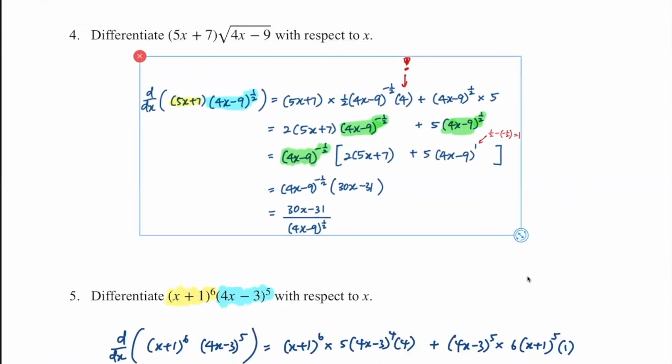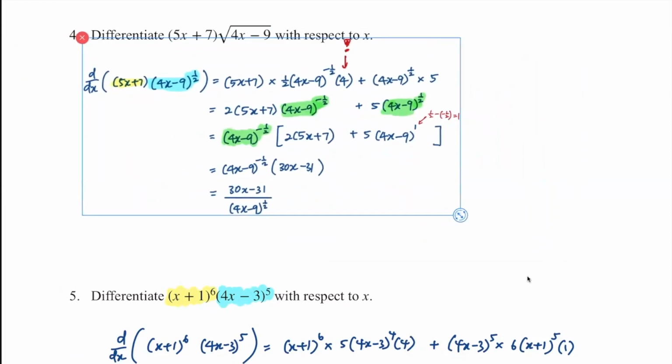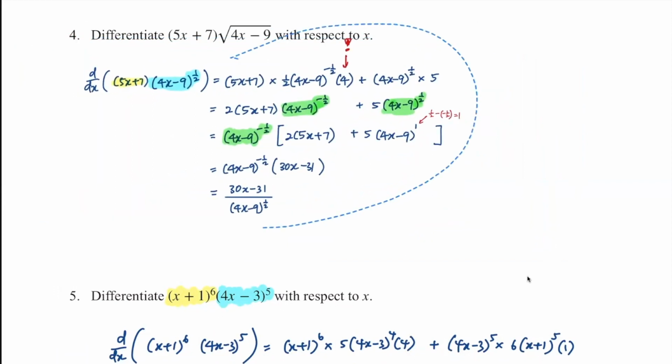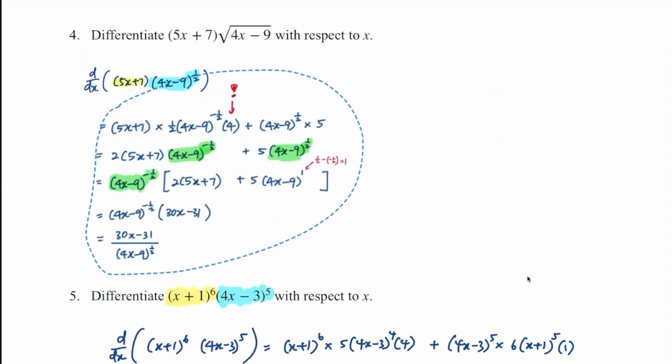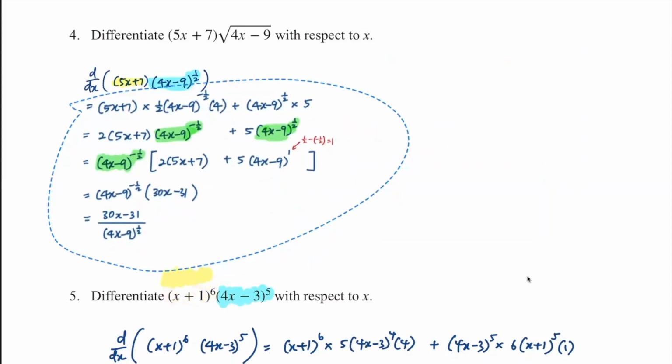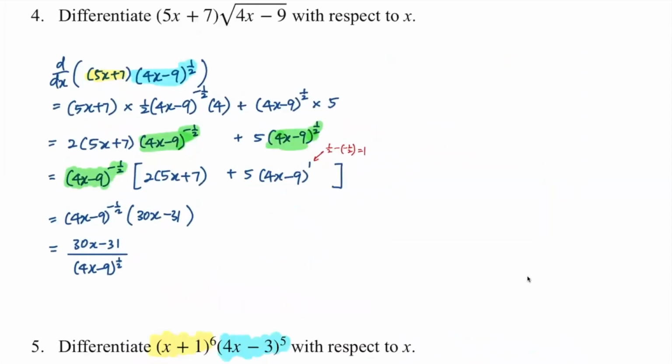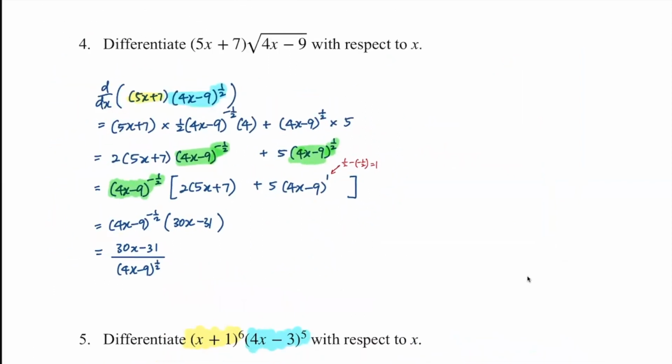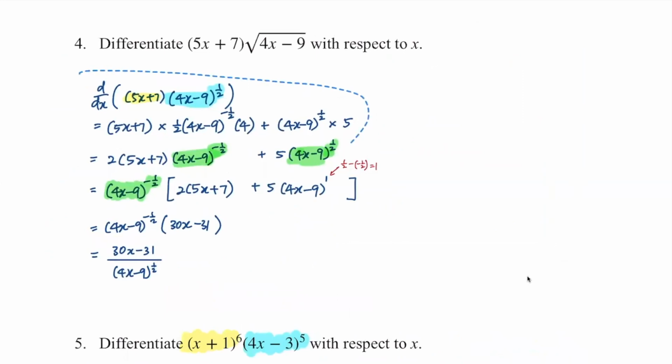I'm going to talk about another way to simplify. Let me rearrange and organize this first. So another way to simplify, the steps are exactly the same at the start.